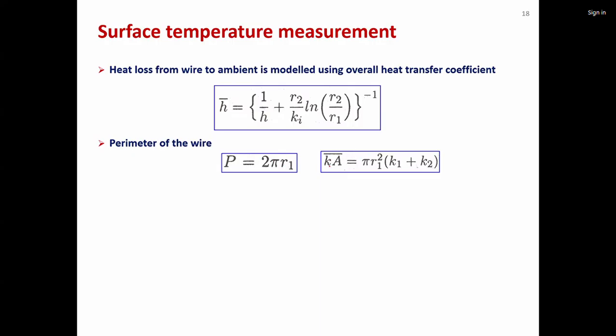And the product of thermal conductivity into area, averaged, is going to be pi R1 squared into (K1 plus K2). This is something we had already seen, right? Area of the wire, cross-sectional area of the wire, into the sum of the thermal conductivities of the wires. Product of thermal conductivity into area for both the wires.